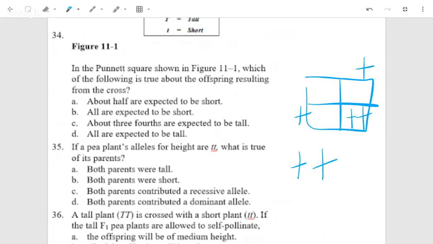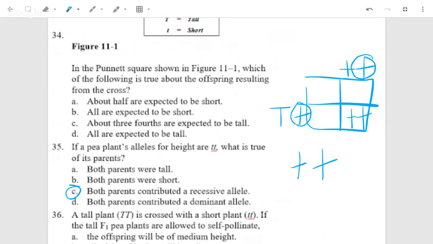They could be either. You can have one parent that's short, little t, and one parent that's tall, big T, little t, that's fine. You can still get an offspring with little t, little t. What the parents both need to do is give you that little t. That little t represents the recessive allele. So it's got to be C.